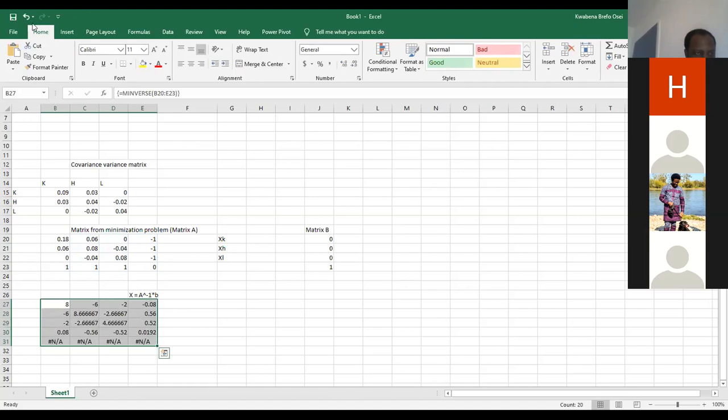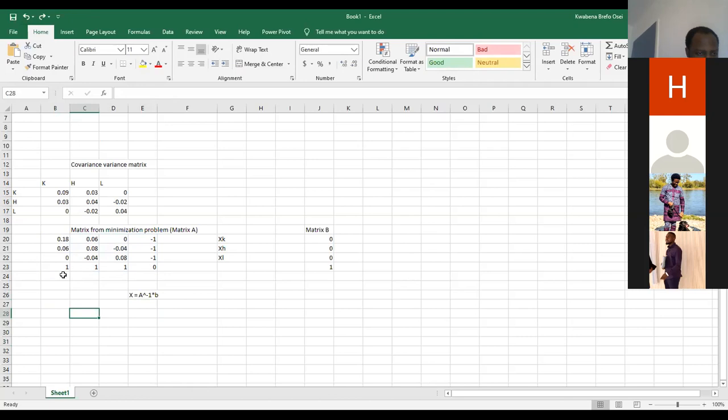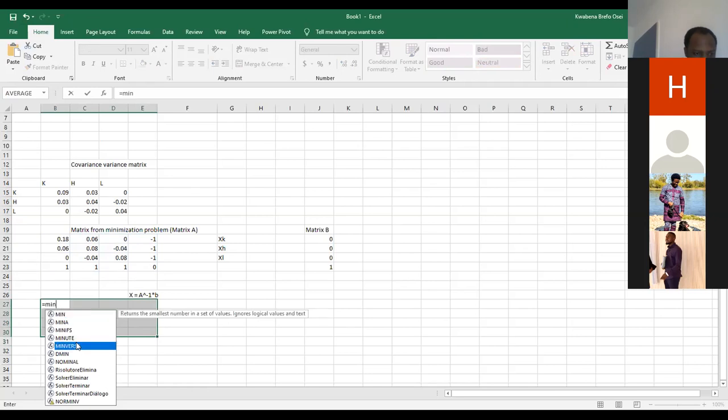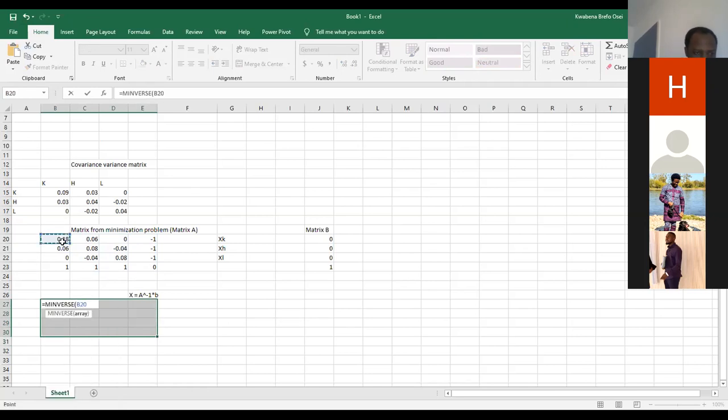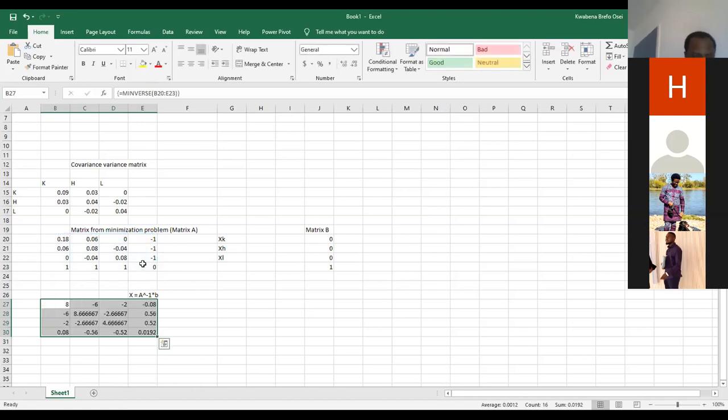Why am I selecting 5? I selected 5, not 4. It's 4, right? You selected 5. So 1, 2, 3, 4. Okay. Yeah, equals to matrix inverse. So you select where you have this, Control Shift Enter. And that gives you this.